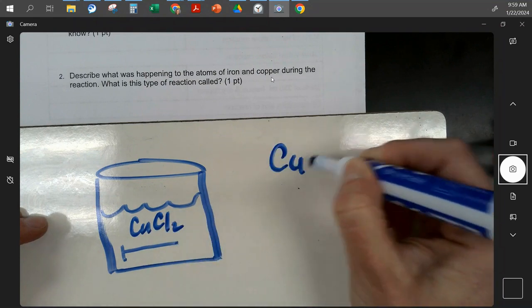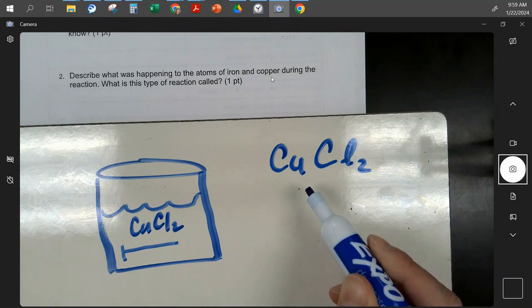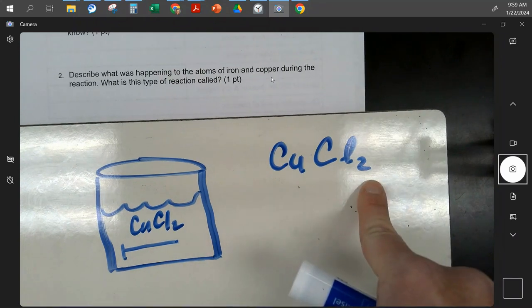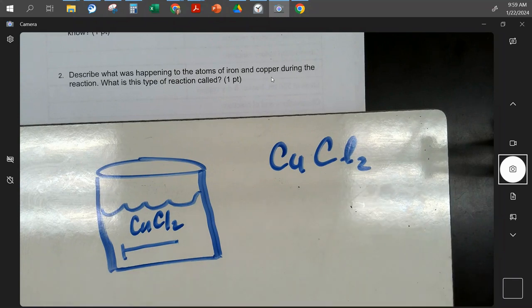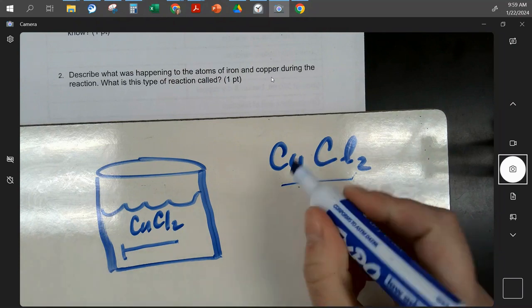We just talked about this topic. So what happens to copper chloride in solution? This one's ionic. We have a metal and a nonmetal. It's soluble, we dissolved it. So remember, what will this break into?